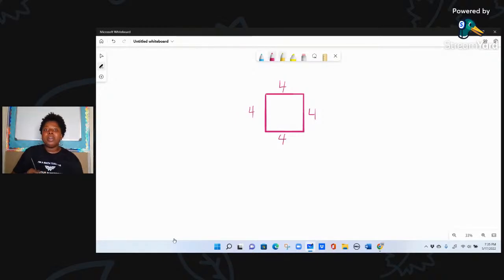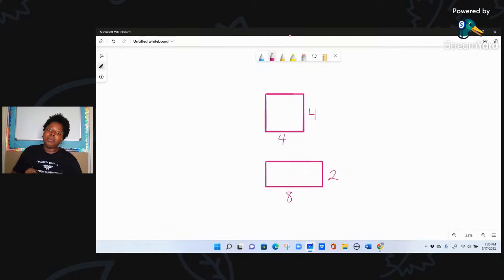Okay. So to find the area of a square, it's the same thing as finding the area of a rectangle: length times width. So to find the area of a rectangle, I just need the length, and the width, and we multiply them together.